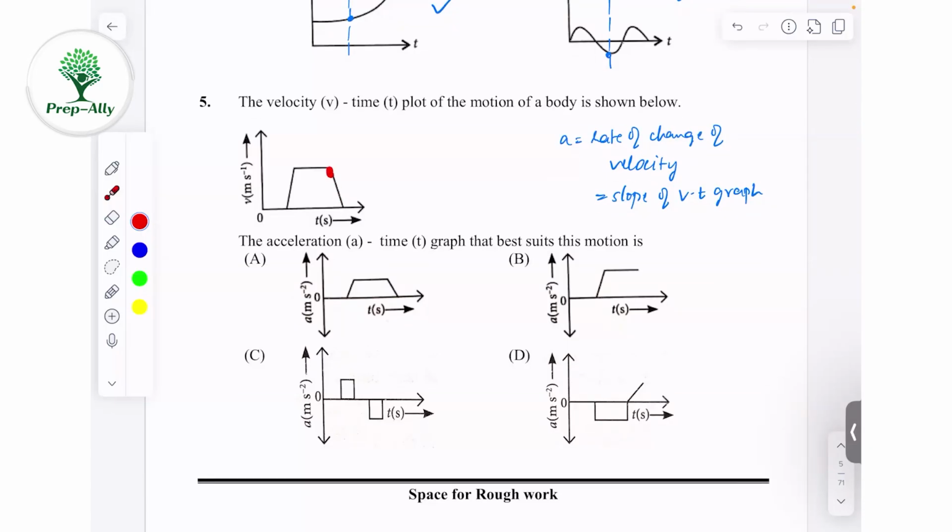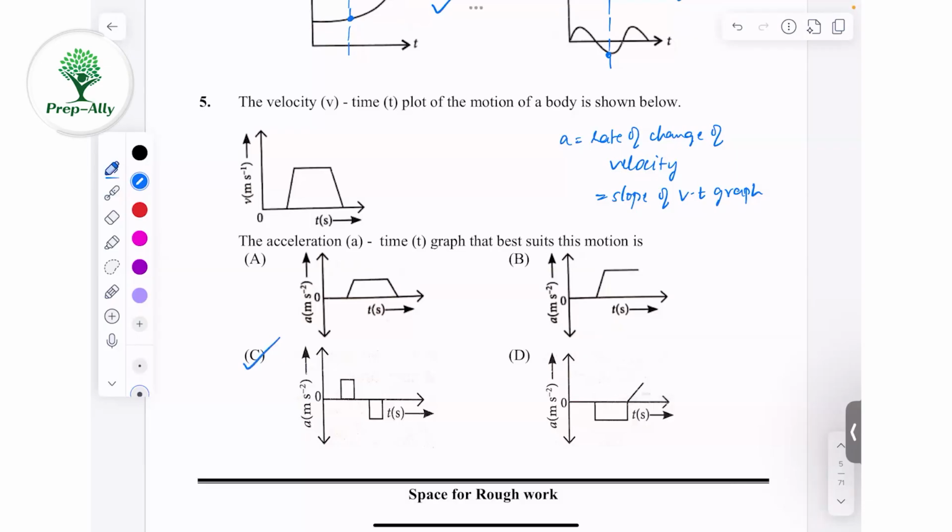But because the body's speed is decreasing with time, we can say that the body is decelerating. That is, the acceleration is now negative. So you see, it's first a constant value but positive, then 0, and then a constant value but negative. So only option C is the correct curve for this velocity time curve.